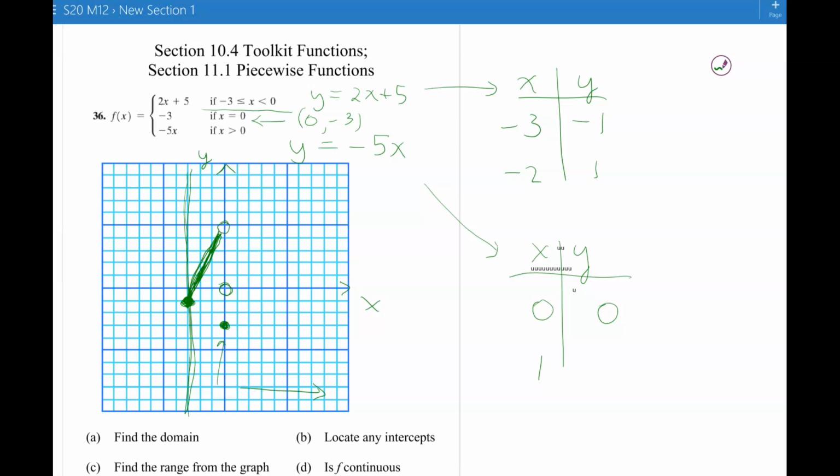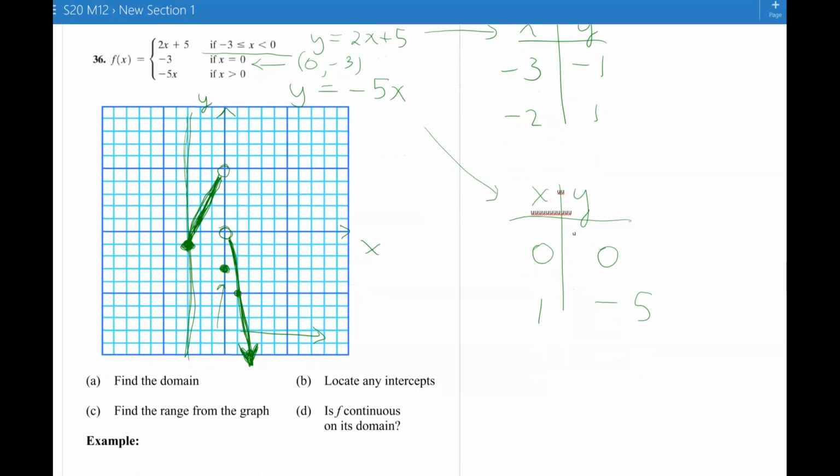And then when x is 1, we'll get y is -5. And then when x is 2, y is -10. So from the open circle, we make our straight line, and this time it needs an arrow on it because it keeps on going here. So on the left, that piece doesn't keep on going, but on the right, that piece keeps on going.